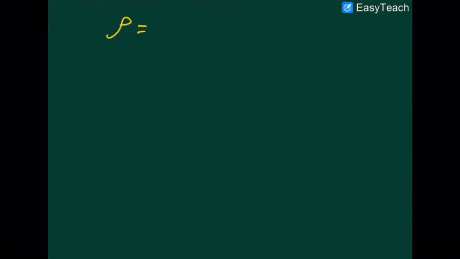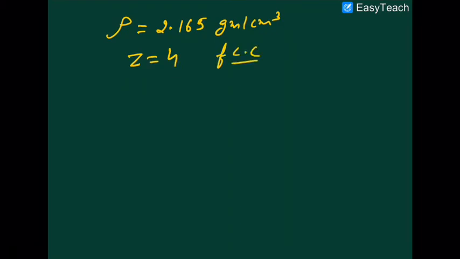Now density in this case comes out to be how much? 2.165 gram per centimeter cube. And Z value is 4. Why? Because it is FCC. And molar mass will be that of NaCl, so it will be 58.5.